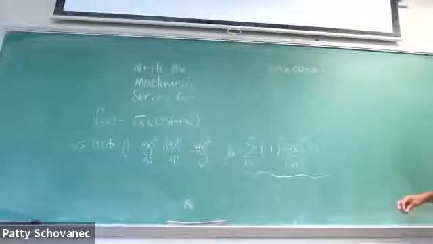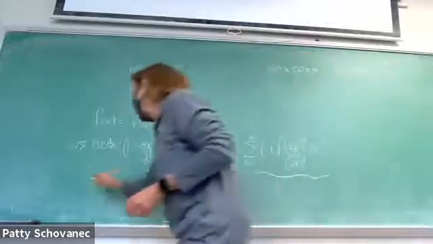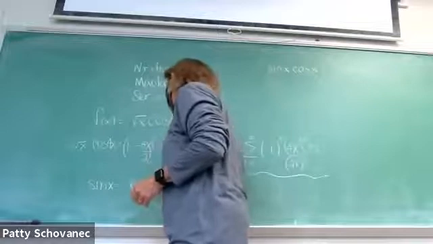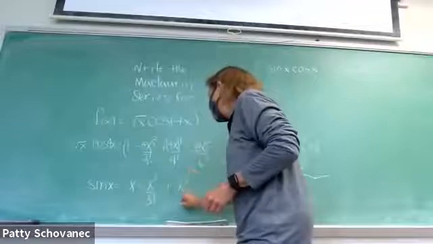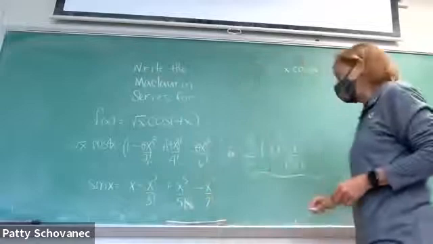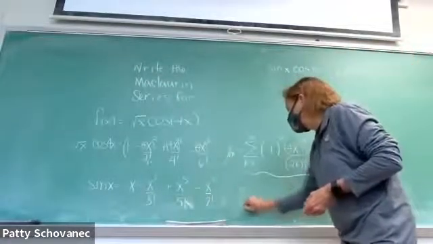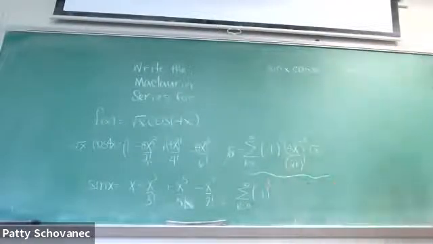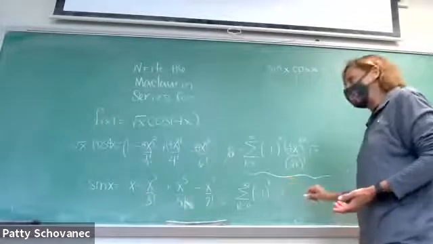So the sine of x was the odd one, right? Sine of x looks like x minus x cubed over 3 factorial plus x to the 5th over 5 factorial minus x to the 7th over 7 factorial, and so on. In this format, it looks like the sum from k equals 0 to infinity of minus 1 to the k to get the signs to alternate. And now I need to put my x to an odd power.